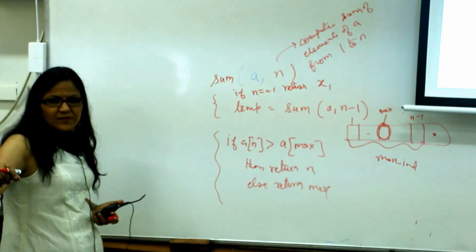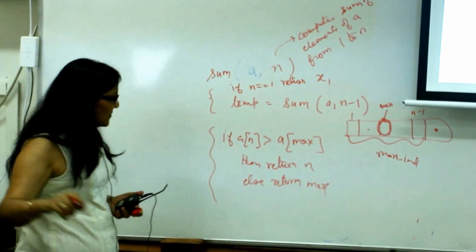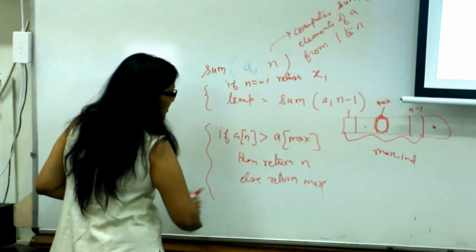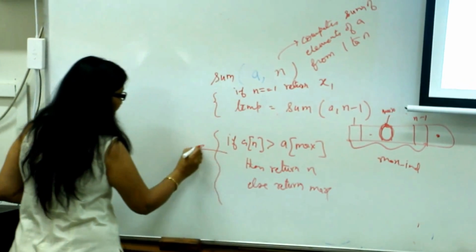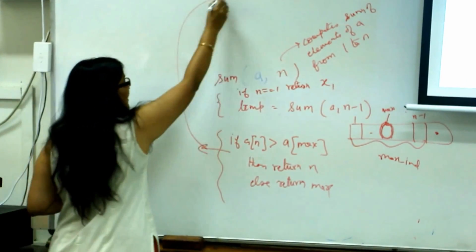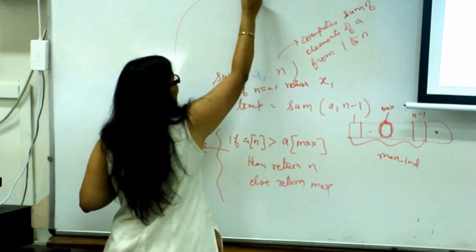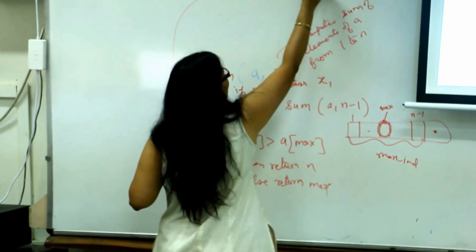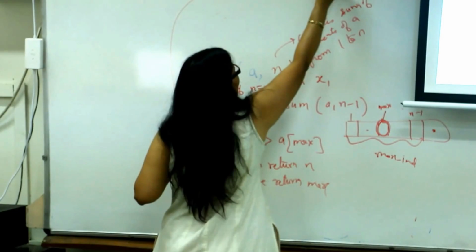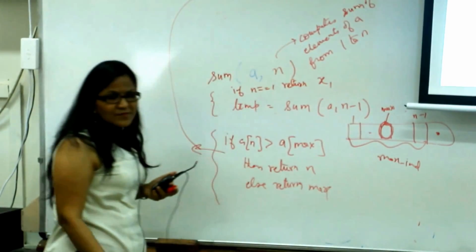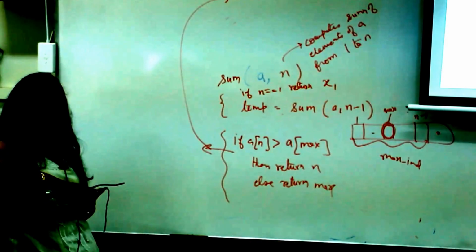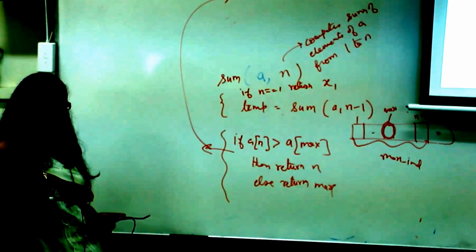What will change here? Return temp plus an. Exactly. So instead of this, we'll simply have return temp plus an. That's it. You don't even need temp actually.